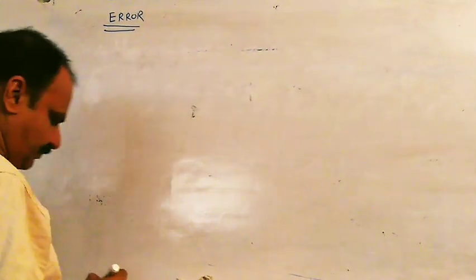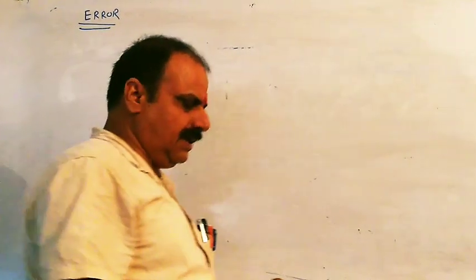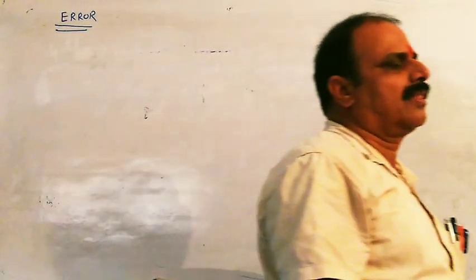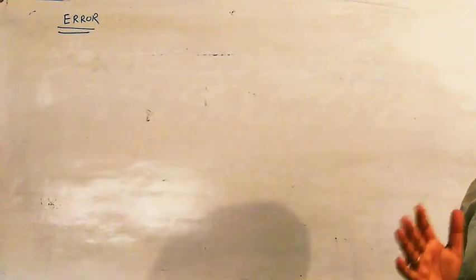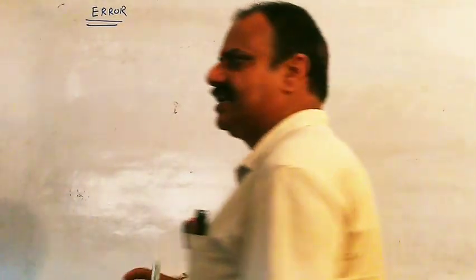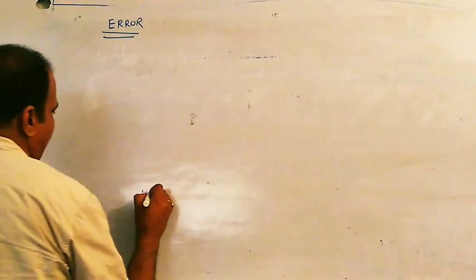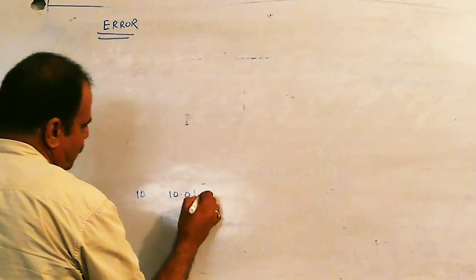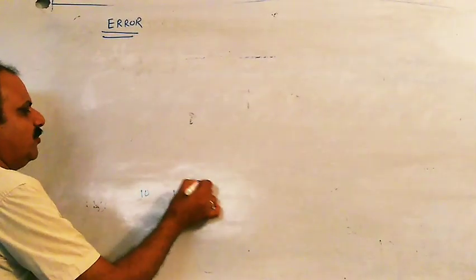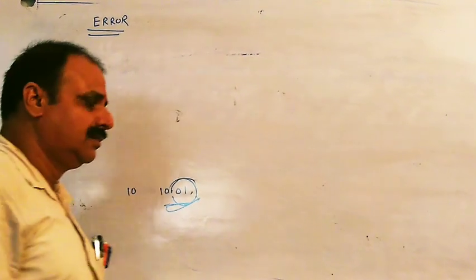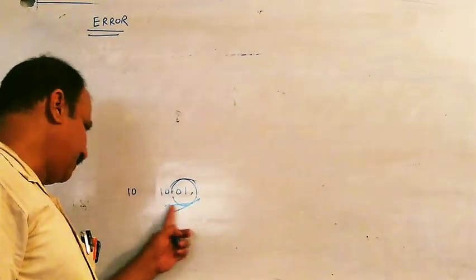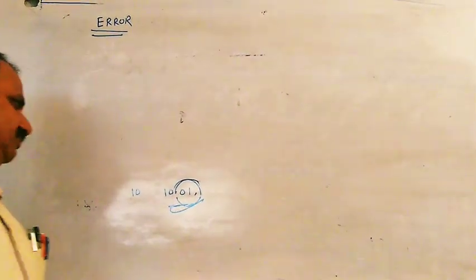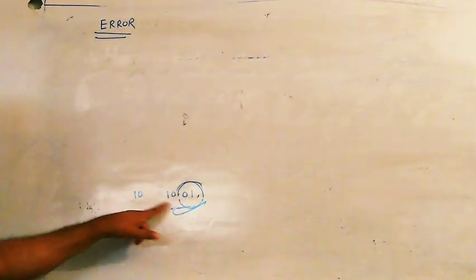What is error? Error means there is difference in real value and experimental value. Suppose that real value is 10 and in experiment you get the reading 10.01. So this 0.01 appears as real error. This difference in real value and experimental value is called error.